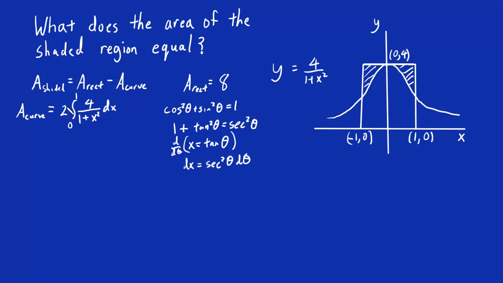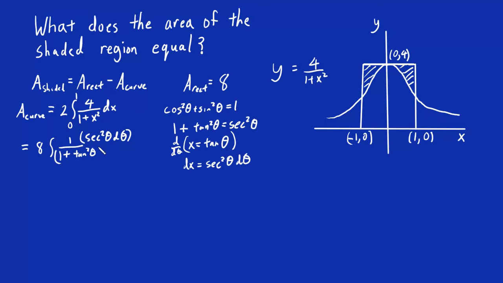Now let's rewrite the right side of this equation. This is equal to 2 times 4, so that's 8. I'm just going to bring the 4 outside of the integral. And that's 1 over 1 plus tangent squared theta. And then dx is equal to secant squared theta d theta.